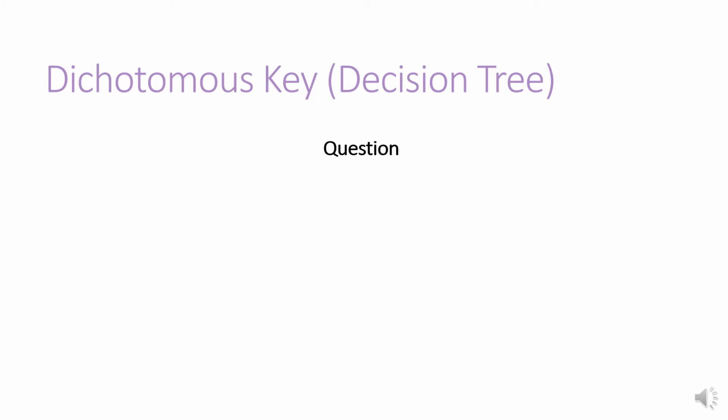Now, this is a dichotomous key because the questions will typically have only two possible answers: yes, no, true, false, inside, outside. Whatever it is, there's usually only two possible answers to a question.